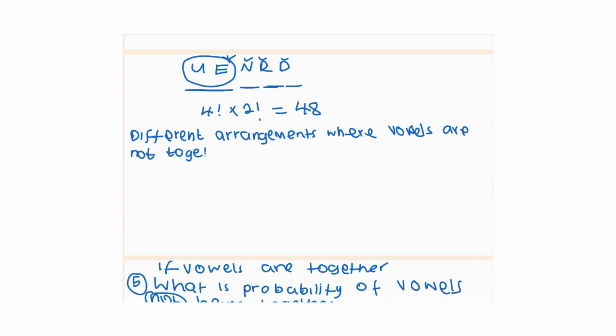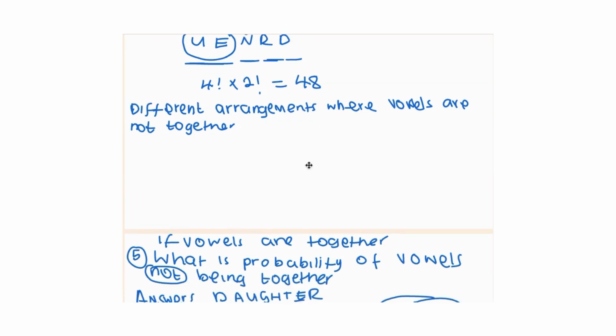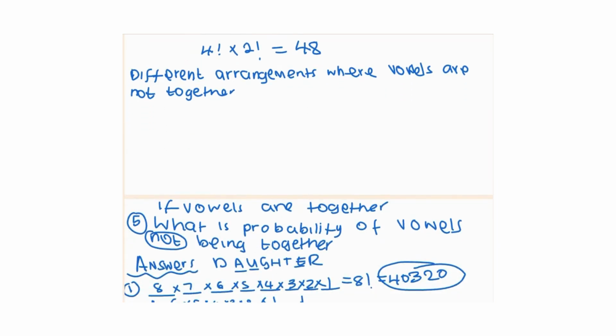So the formula for this one is always the arrangement of the word itself minus the arrangements of the vowels being together. For the word daughter, our total was 40,320.